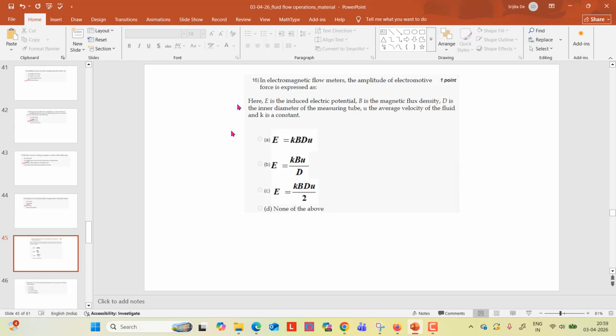Next, in electromagnetic flow meters, the amplitude of electromotive force is expressed as option A. So K E is the electric induced potential, B is the magnetic flux density, D is the inner diameter of the measuring tube, U is the average velocity.